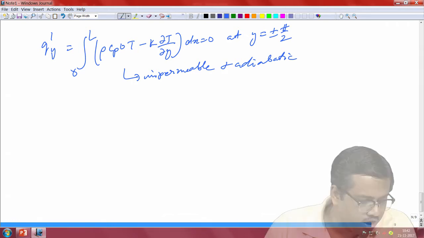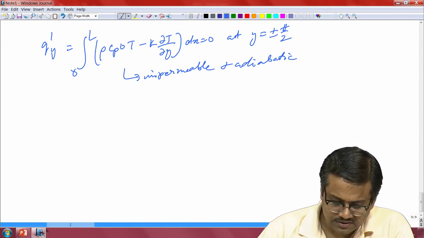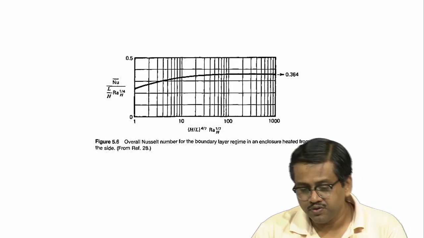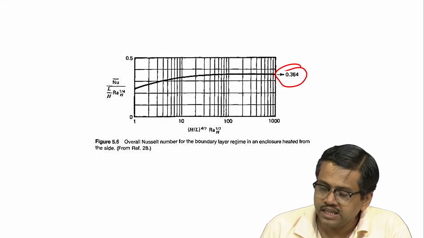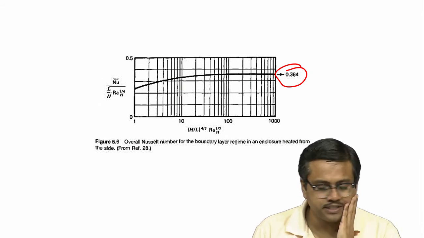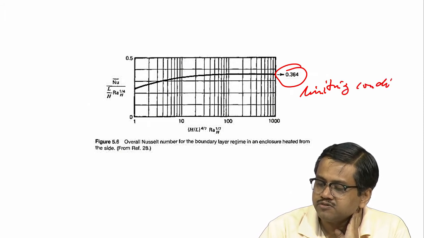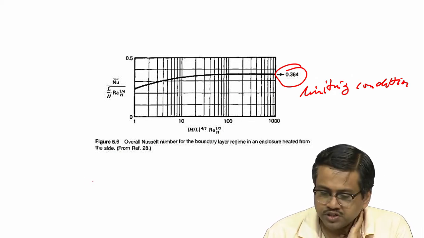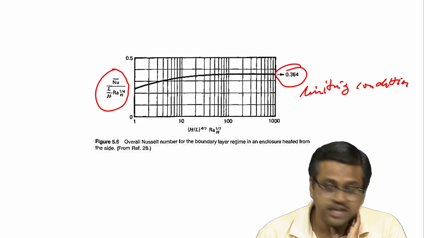The result that he got is actually shown in here. If you look at it here, it goes to 3.64 what Gill got, but it emerges as a limiting condition. Actually, the numerical coefficient of the factor, because you see here it has been normalized by L by H Ra_H to the power of 1/4.